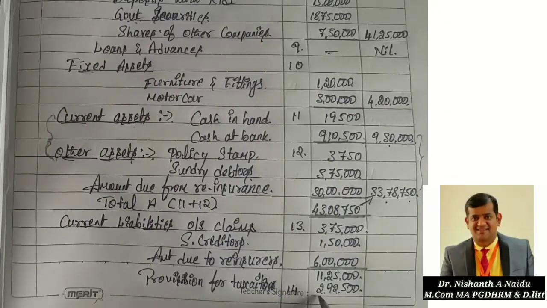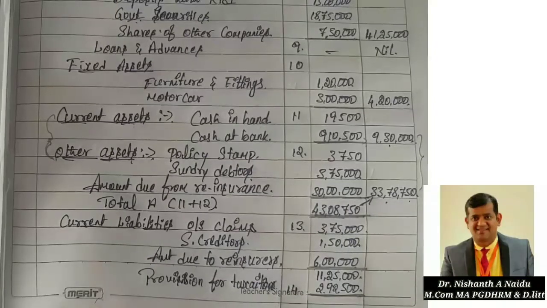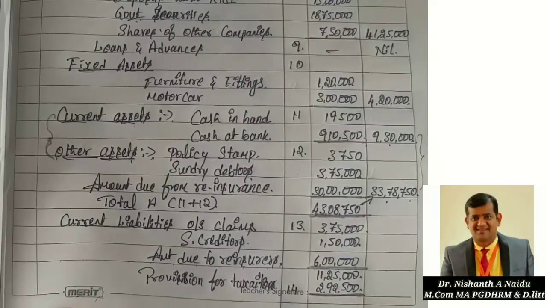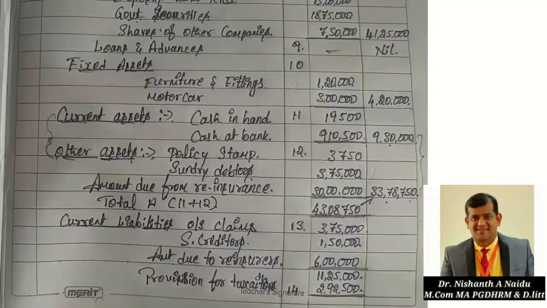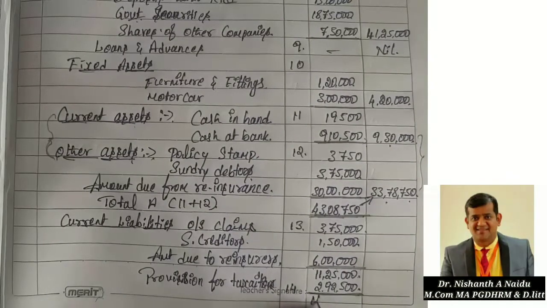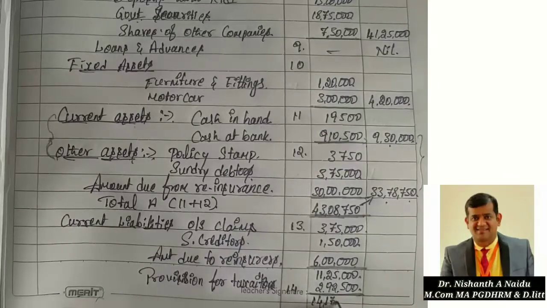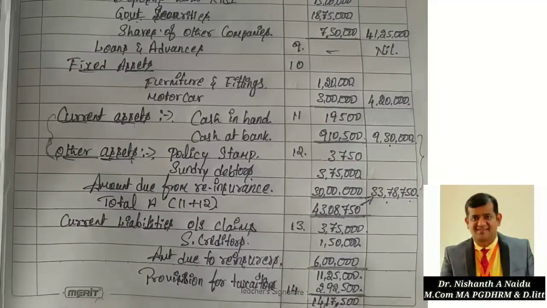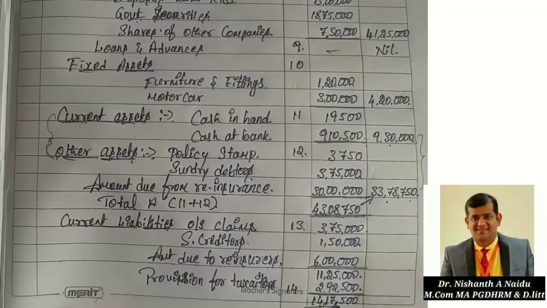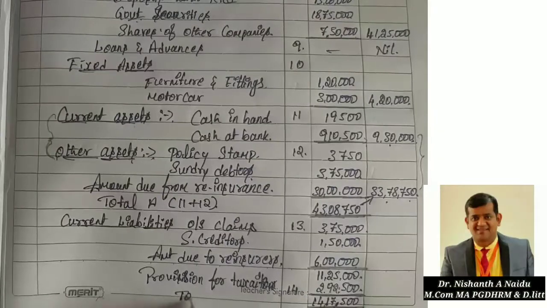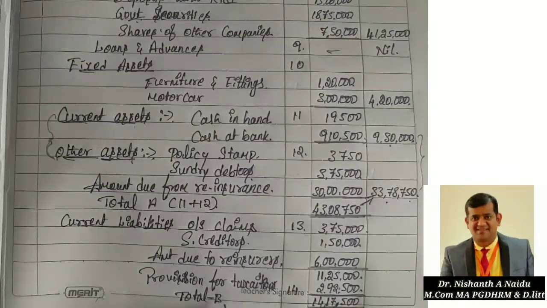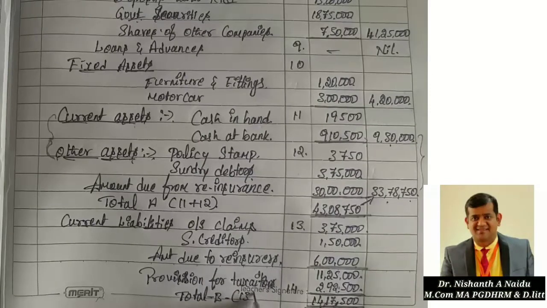Now add this to 11,25,000 plus 2,92,500, that is 14,17,500. By adding these two, that is total B, the total of 13 plus 14.